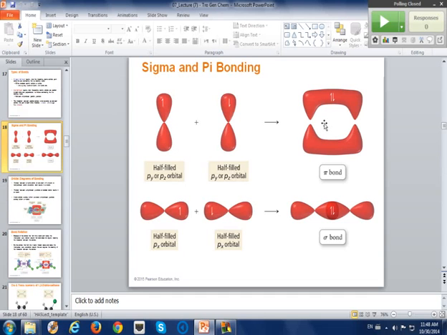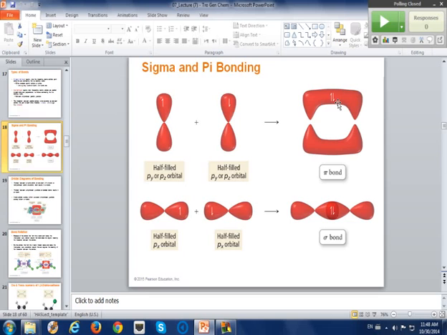It's important also to consider, which we will in the next couple of slides, that based on this type of bonding, pi bonding, the rotation of the atoms about the internuclear axis would cause a breakage of this bond, right?